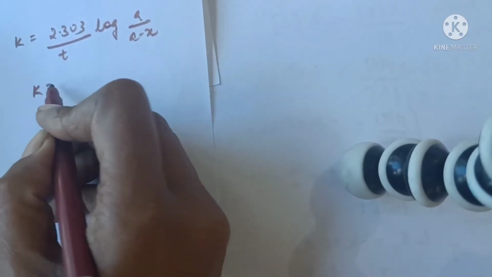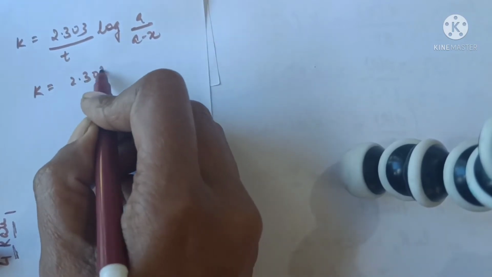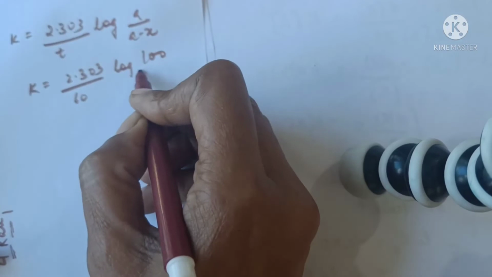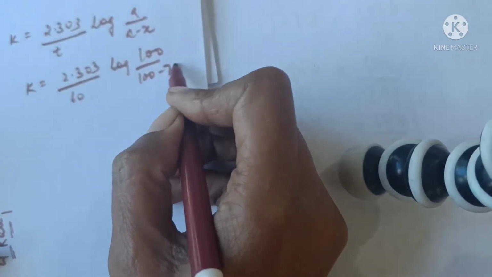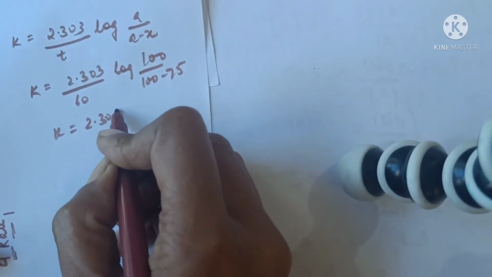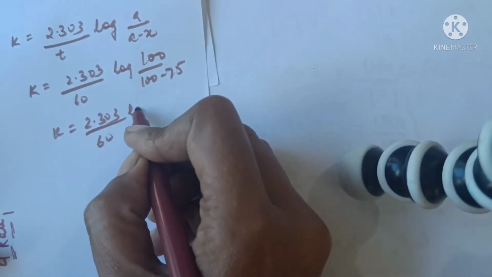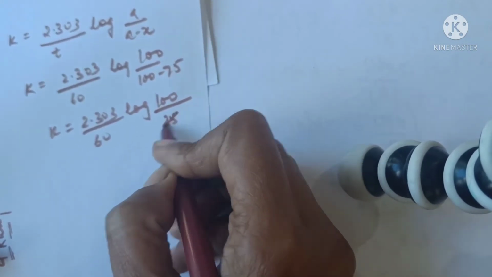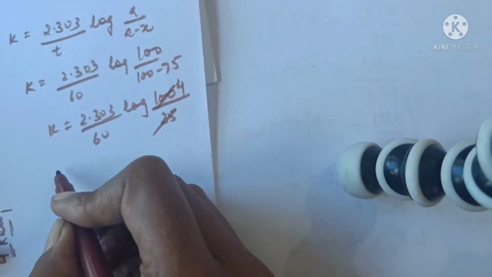So K is equal to 2.303 upon 60 log of 100 upon 100 minus 75, which becomes equal to 2.303 upon 60 log of 100 upon 25. This cancels out as 4.